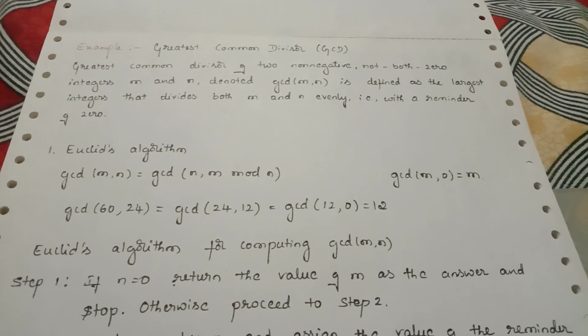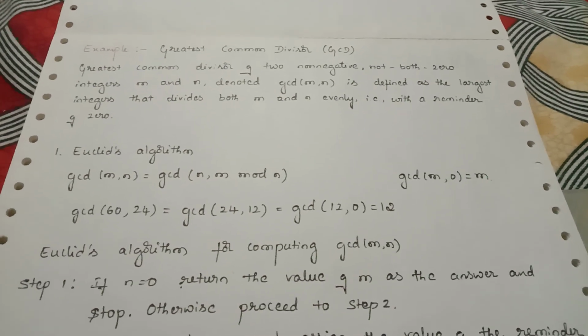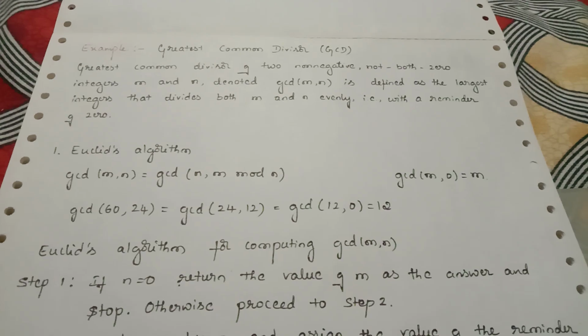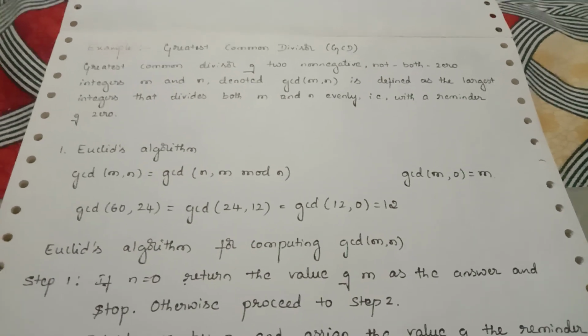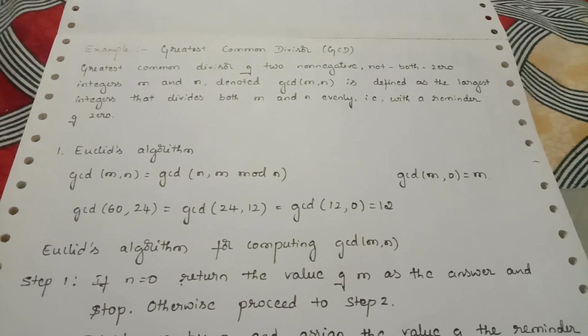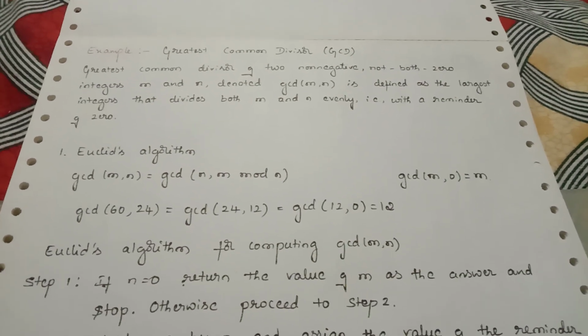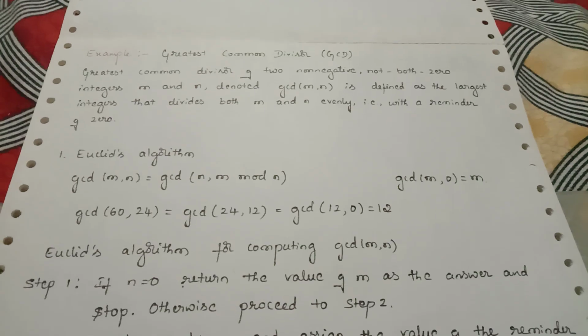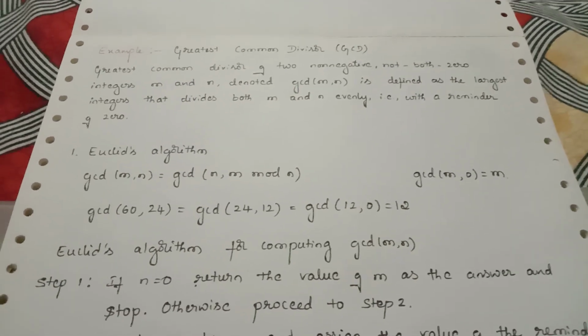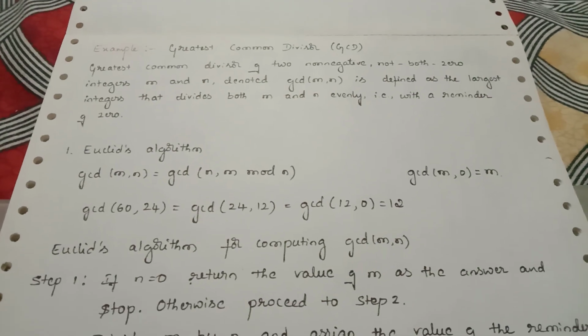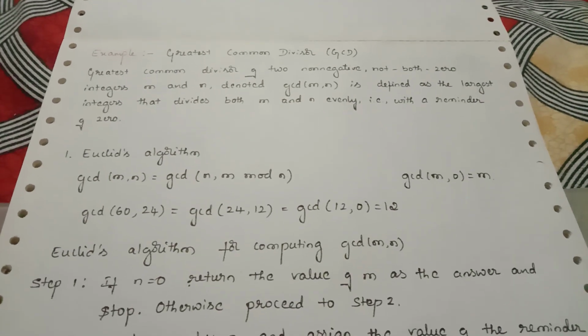That is going to be the largest integer that divides both m and n evenly, that is, with the remainder 0. And here we have mentioned the input precisely.